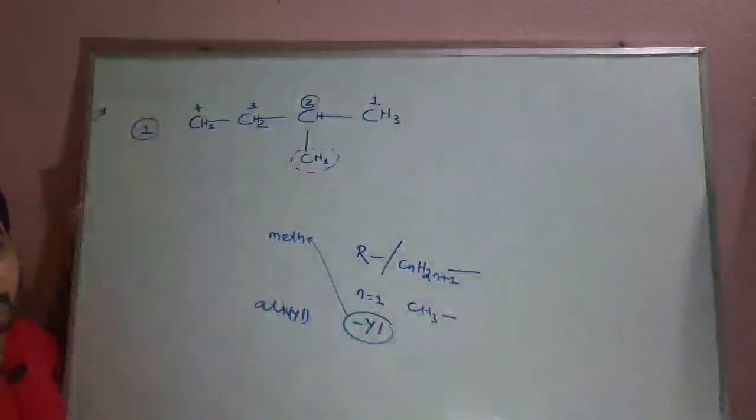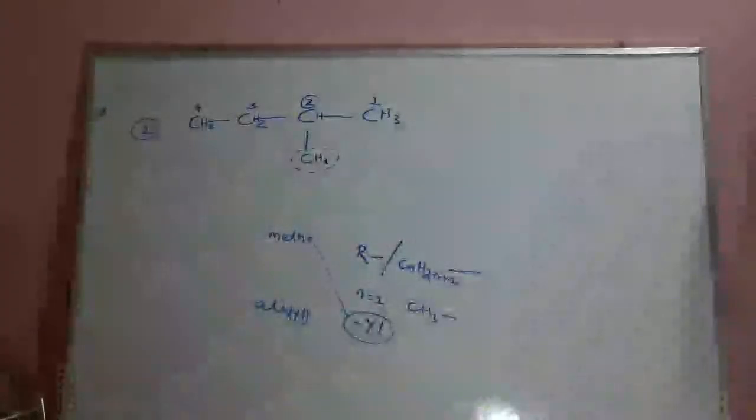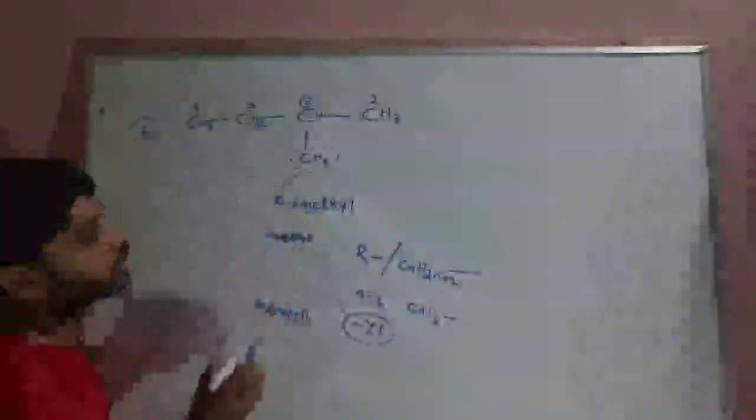Here the suffix of the alkyl group, so the name will be methyl. For this substitution, the name will be methyl, and the longest continuous carbon chain contains 4 carbons.